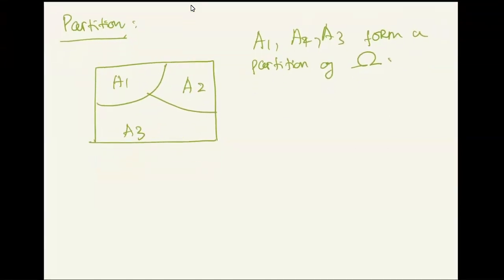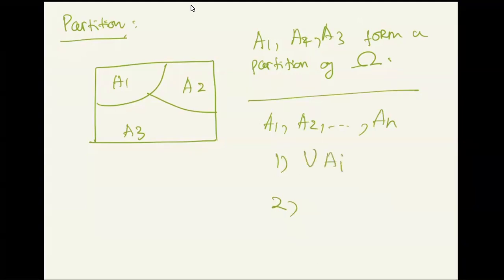So what characteristic do they have such that they form a partition? We can say that sets A1 up to AN form a partition if they satisfy two conditions. The first one is that the union is the sample space, and second is that they are pairwise disjoint.